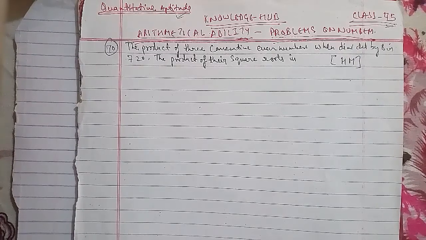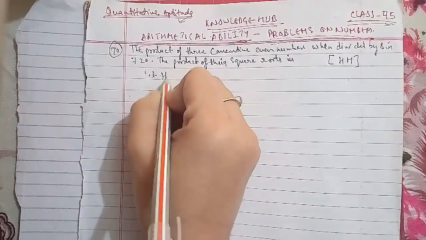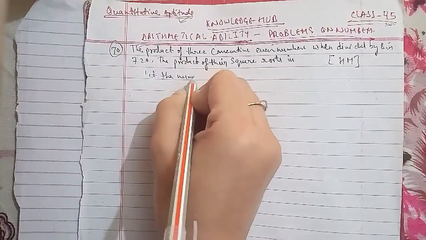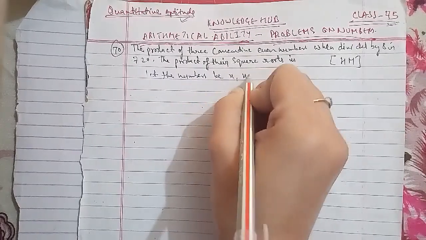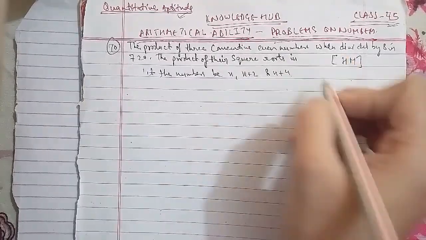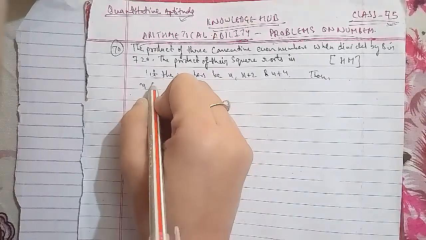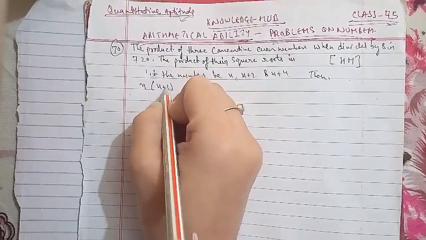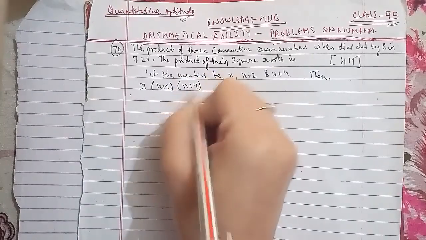Let the numbers be x, x plus 2, x plus 4. Then x times (x plus 2) times (x plus 4), whole upon 8, is equal to 720.